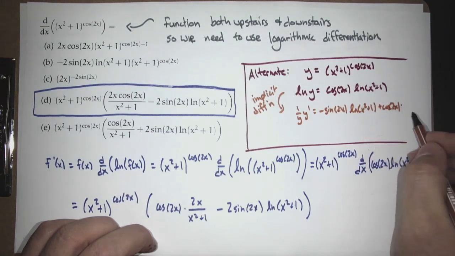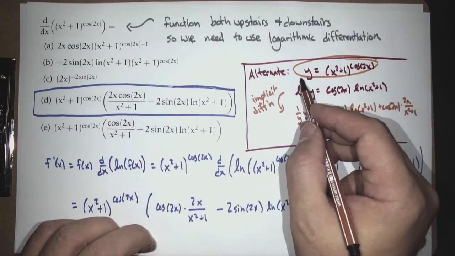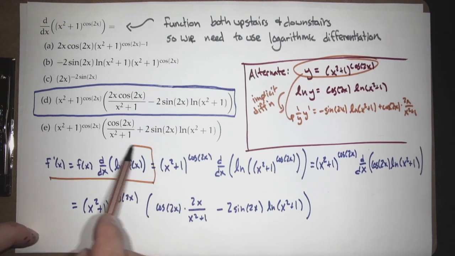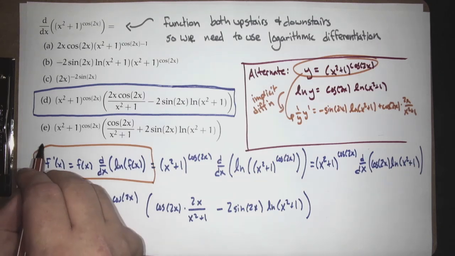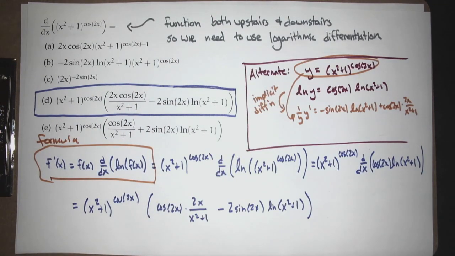Well, you finish it up by saying, hey, I now multiply the y across and I replace what y is. So that's the other approach. There are reasons to prefer this approach, but you'll get full credit either way. So this is we'll call it the formula approach. This is the implicit differentiation approach.